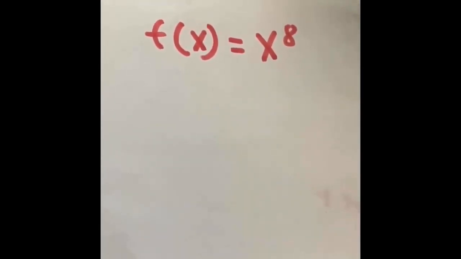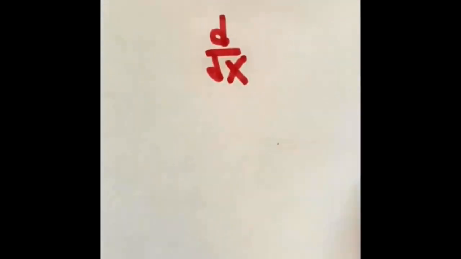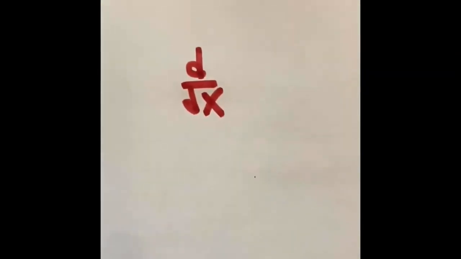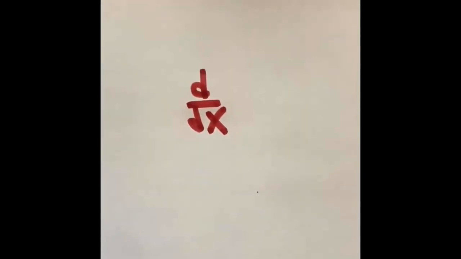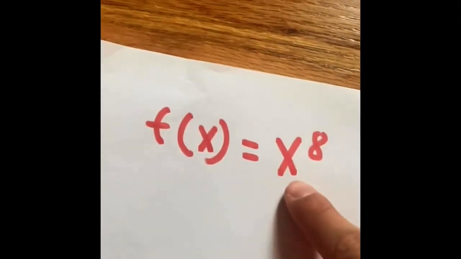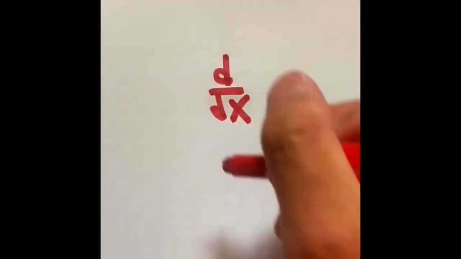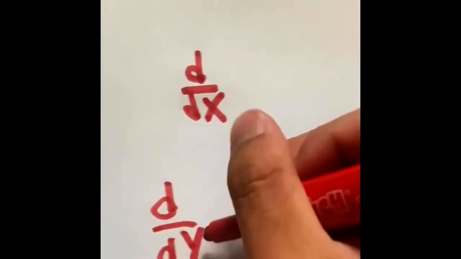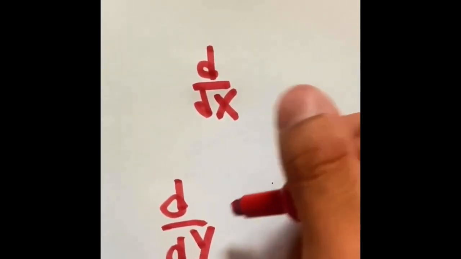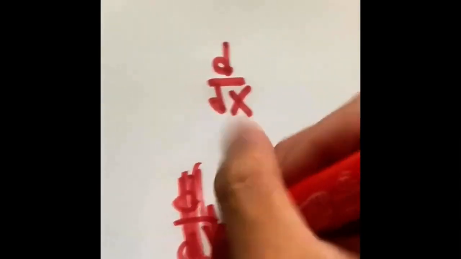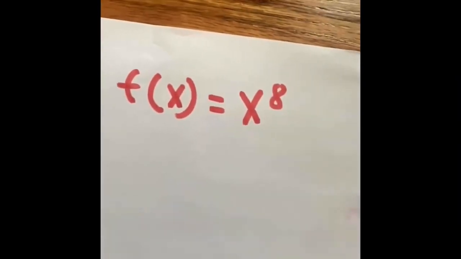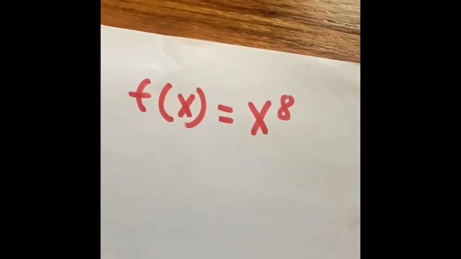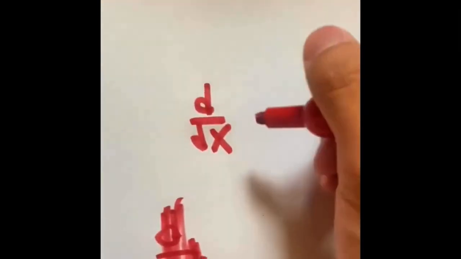You've probably seen the term d over dx. That is saying you are trying to find the derivative with respect to the variable x. Other times, you could find d over dy, where the y says to find the derivative with respect to y. But we're not going to do y because we don't have a y in our problem. That is why we use the letter x.